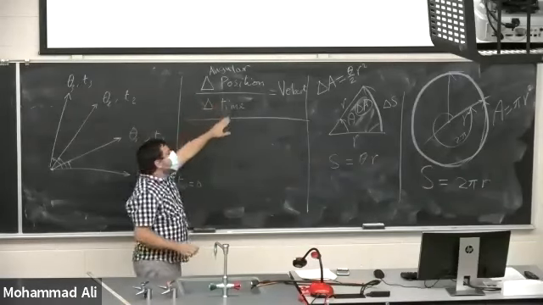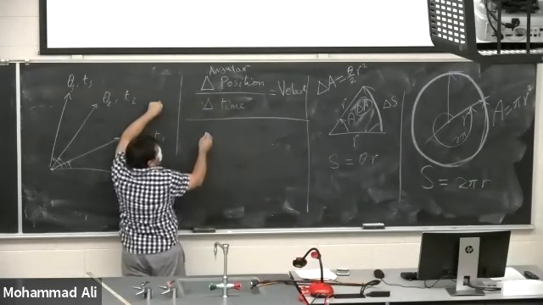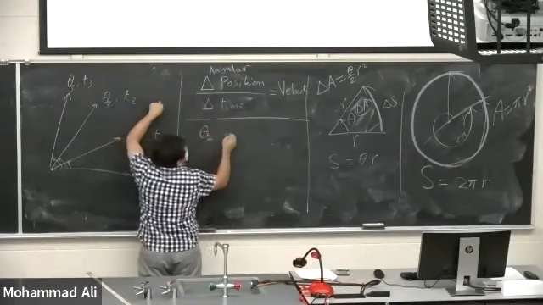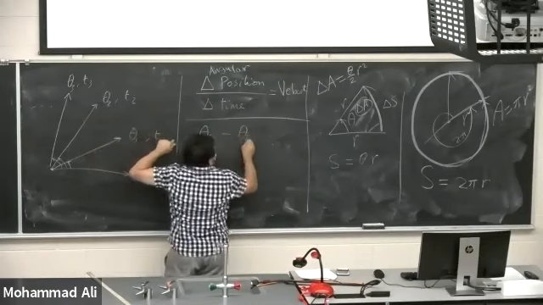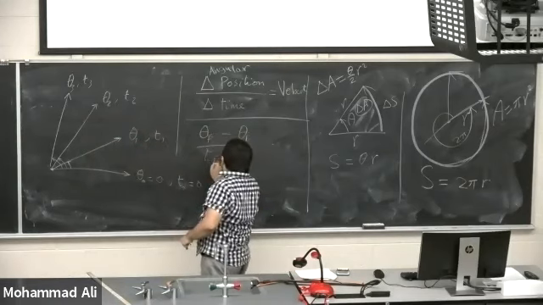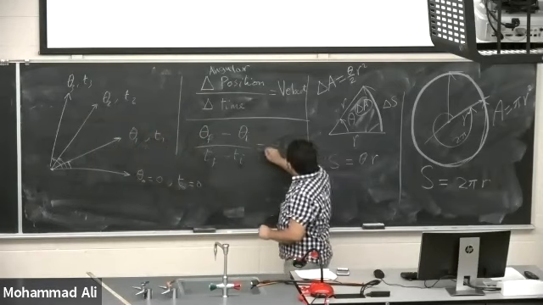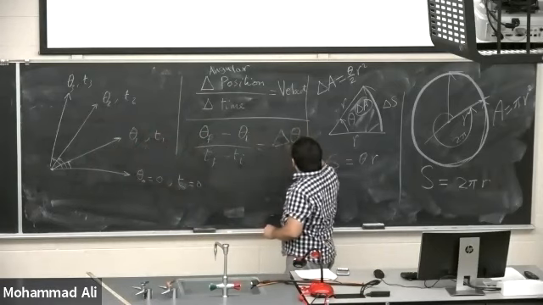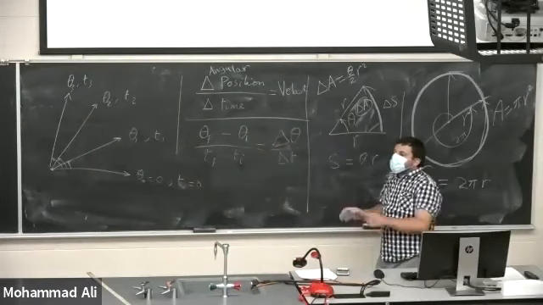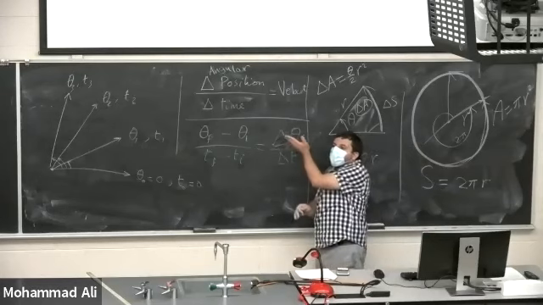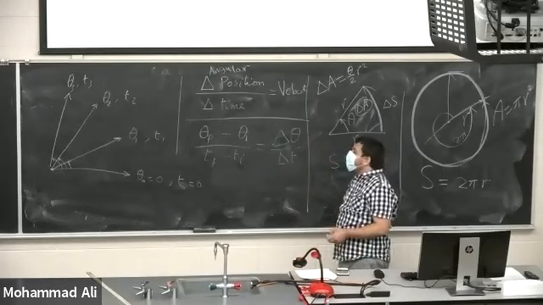The change in angular position means the later angular position, theta 2 minus theta 1, or theta final minus theta initial, over t final minus t initial, which is delta theta over delta t. So this is the rate of change in angular position. This will give us a velocity, but this velocity is the angular velocity.